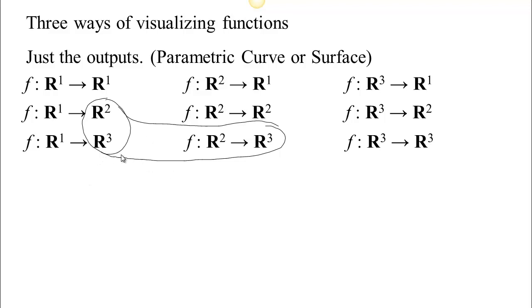So, for example, here we've seen this already. A parametric curve. Let's just do a line, x equals 2t plus 1, y equals negative t plus 3. This is an example of a function.